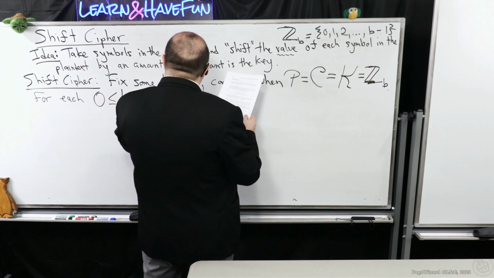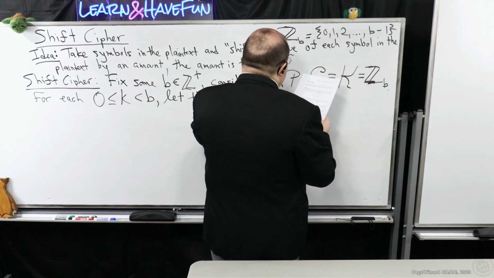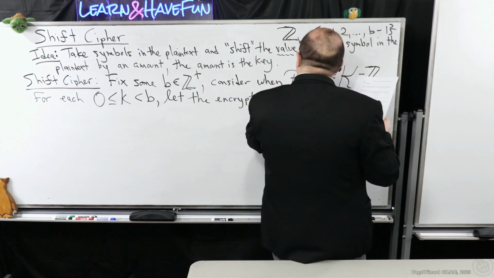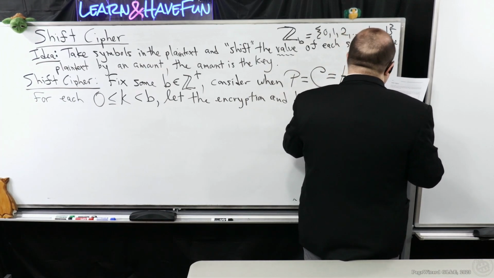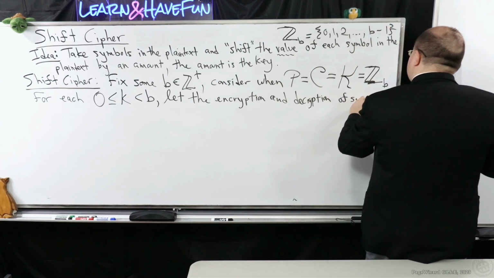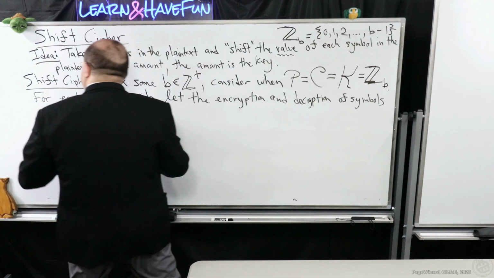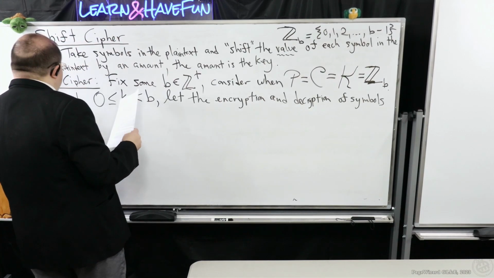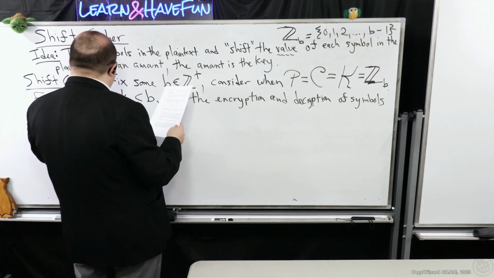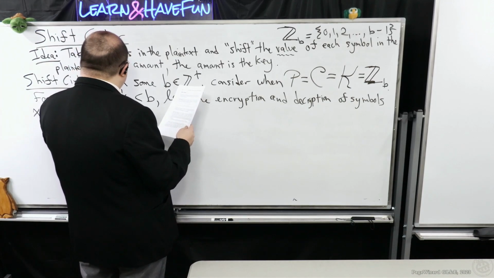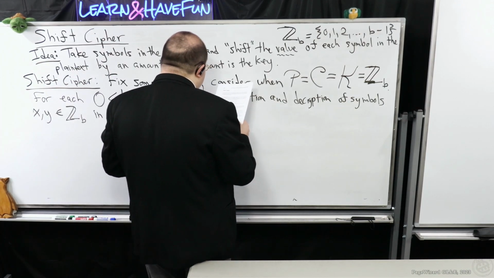let the encryption and decryption of symbols X and Y in Z_B, in plaintext and ciphertext respectively, be defined as follows. We're going to be talking about the symbols in the plaintext when I define this.